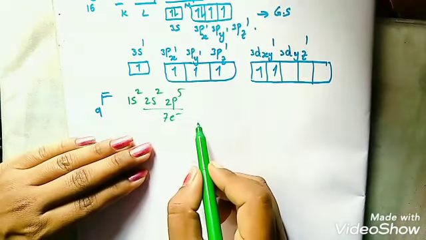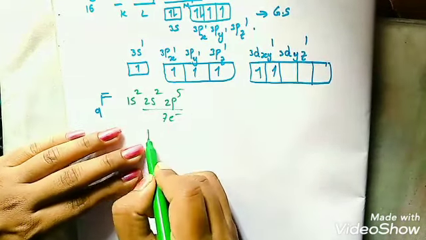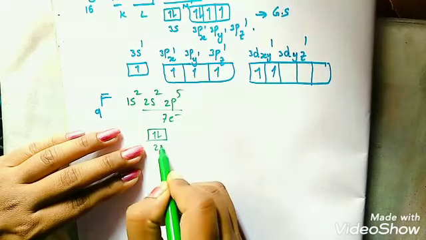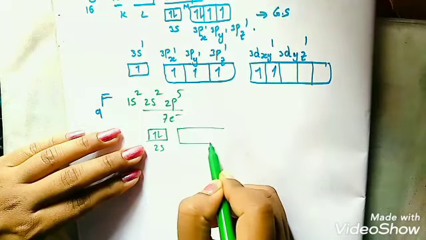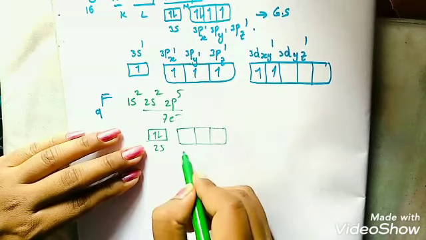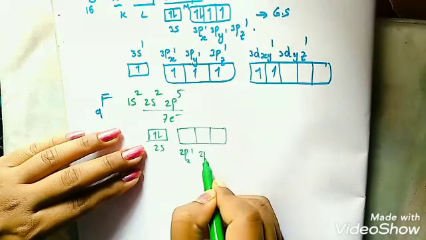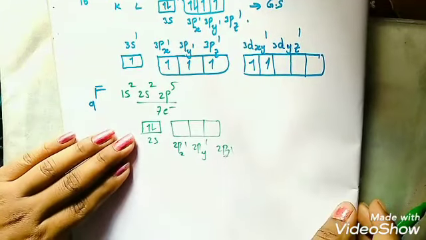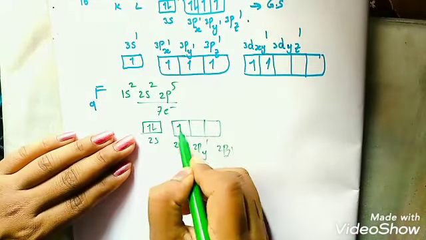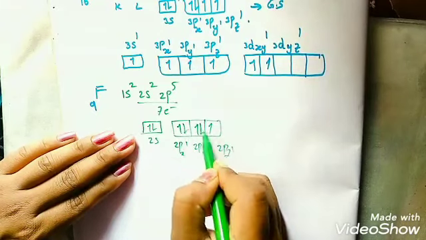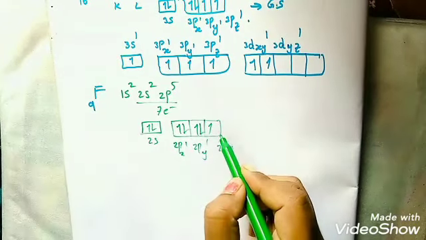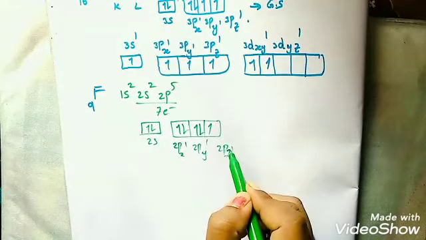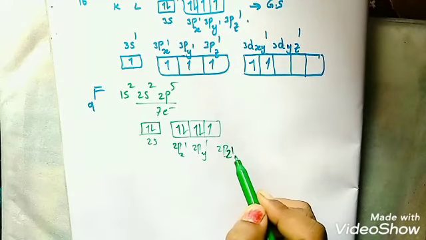If you draw the ground state electronic configuration for these students, this is 2s orbital and 1, 2, 2px1 and 2py1 and 2pz1. So students, there are only 5 electrons, 1, 2, 3, 4 and 5. So there is only one single electron presented in 2pz1 orbital.